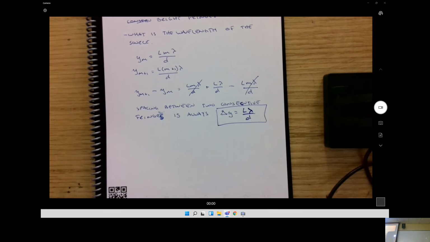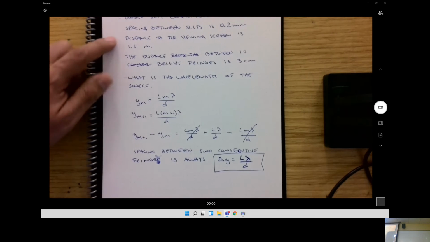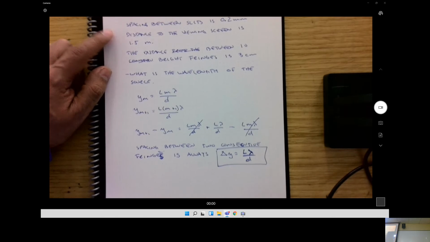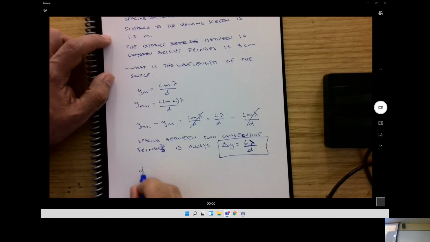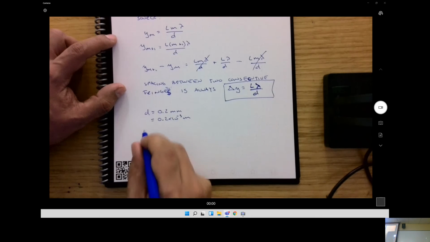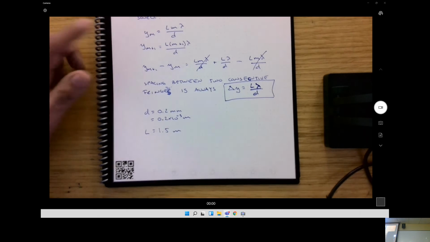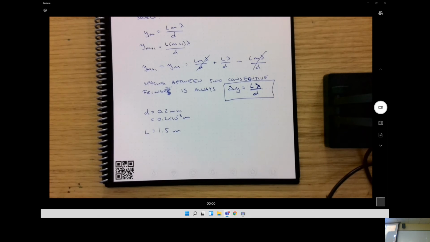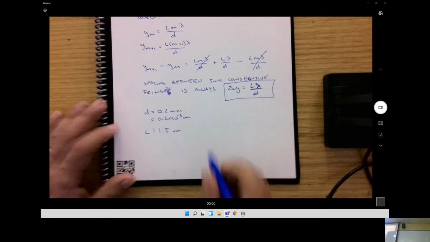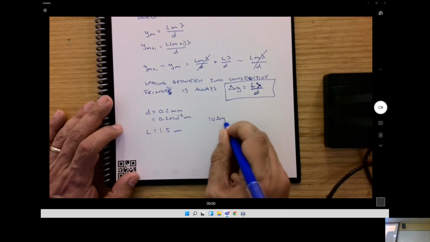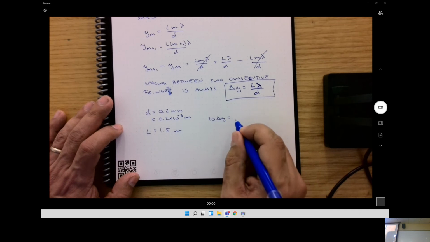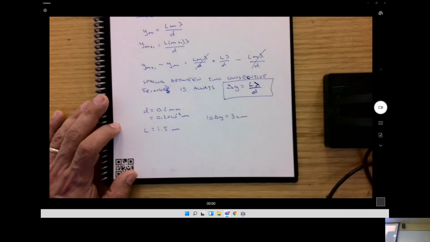To solve this problem, we know the spacing between the slits is 0.2 millimeters, or 0.2 times 10 to the minus 3 meters. L is 1.5 meters. I know that 10 consecutive fringes, so 10 times delta y, equals 3 centimeters.